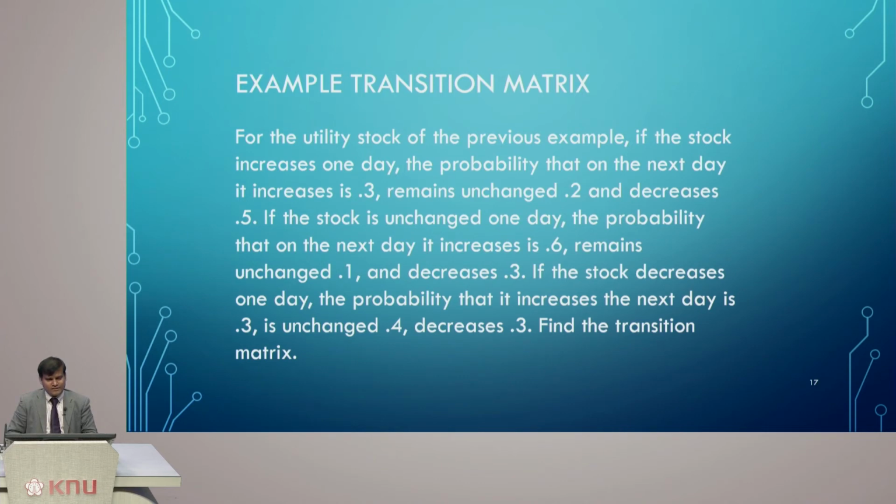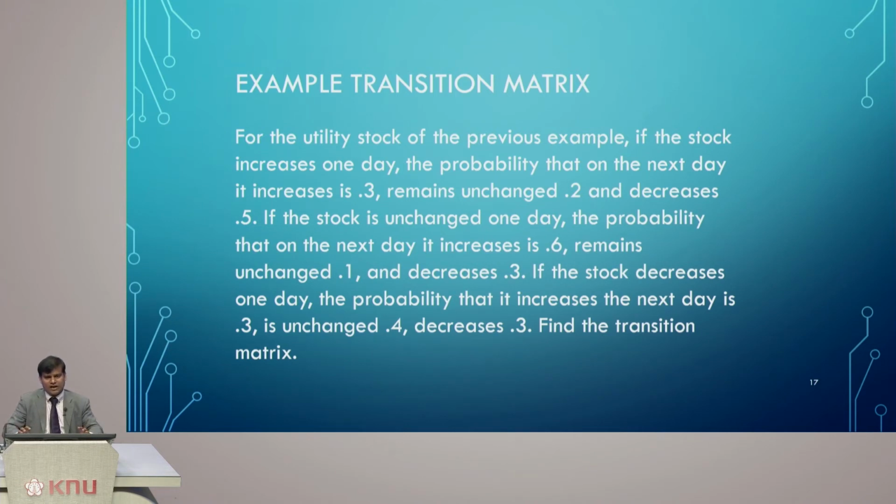Say if the stock increases one day, the probability that the next day it increases is 0.3, remains unchanged is 0.2, and decreases is 0.5.